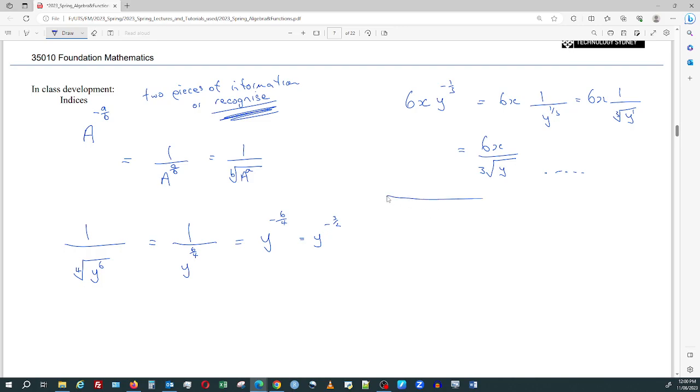Okay, what about if we have 5m over the 9th root of n squared? Now, our temptation is to do, we know there's a cancelling thing that happens, but I'm not going to do that here. We'll work the maths of that out later. Well, I'm going to deal with the radical. So first step, put the fractional index in.